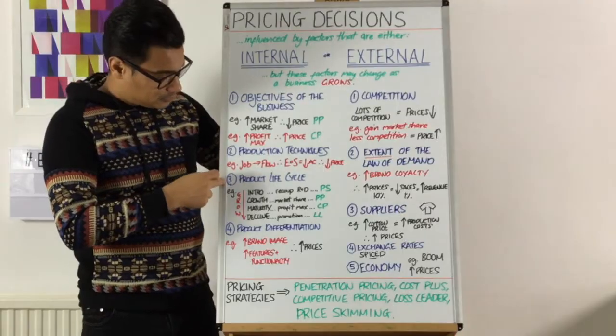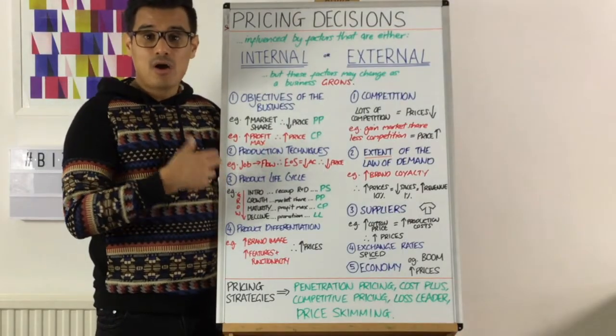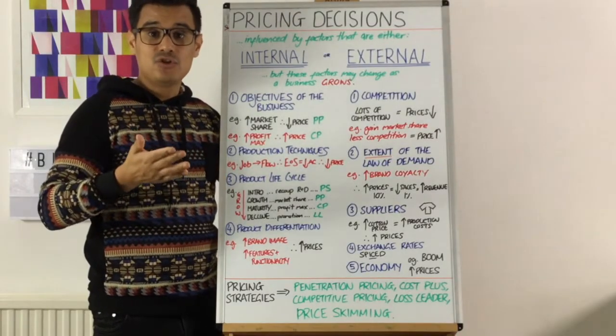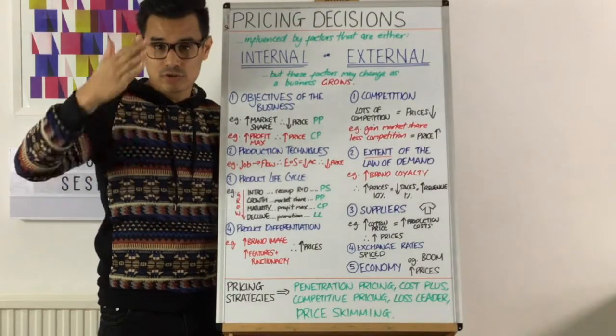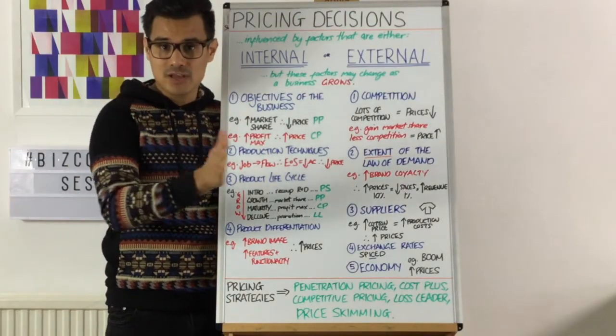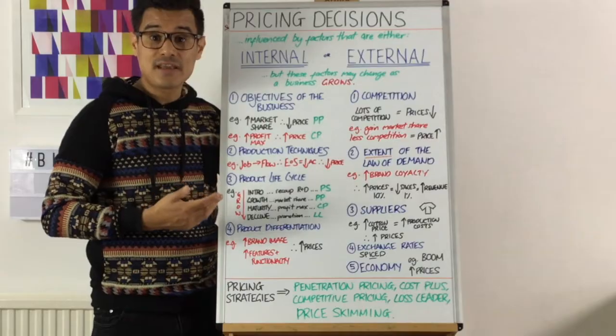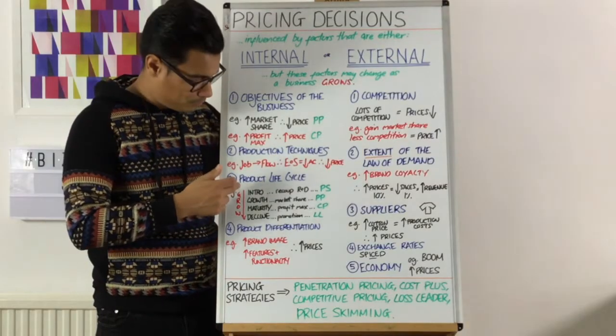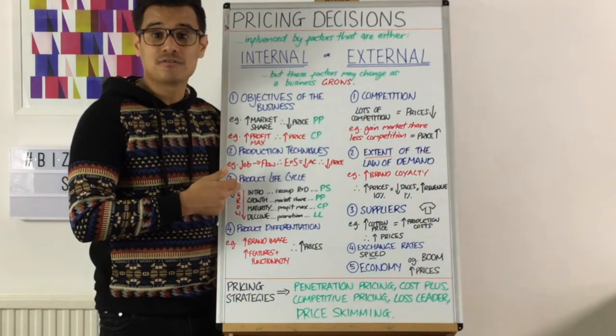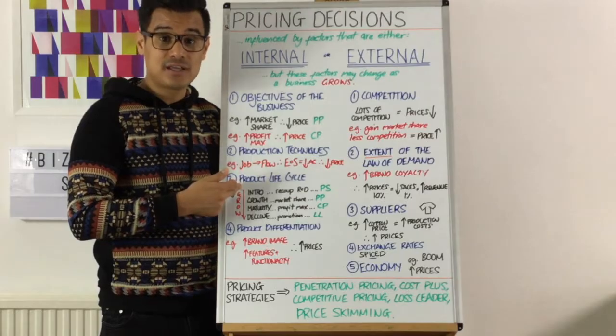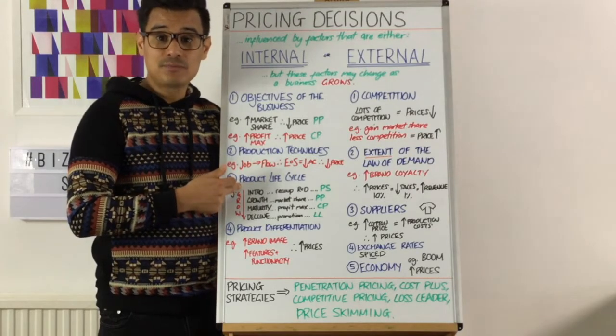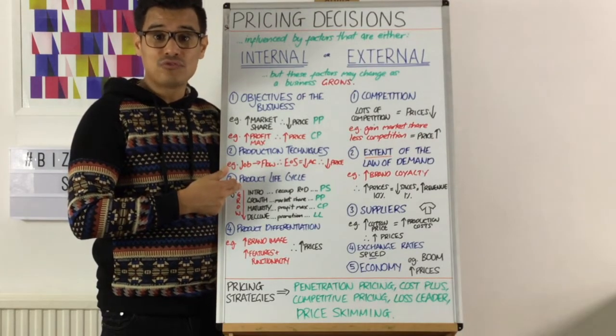Number three, it depends where you are in the product life cycle, and that's for you internally to do some research and work out where you sit within that. Let's go through the phases of the product life cycle. Firstly, you're in the introduction phase. And in the introduction phase, you've just been through the research and development of this new product.